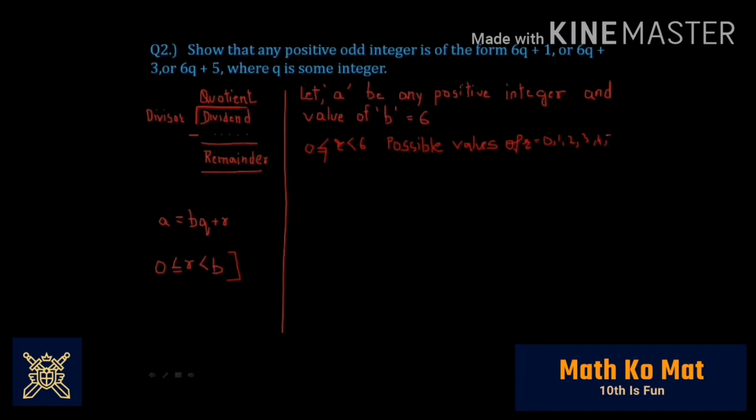So these are the particular values which we have to implement in this question, because it has to be greater than or equal to 0 and smaller than 6.